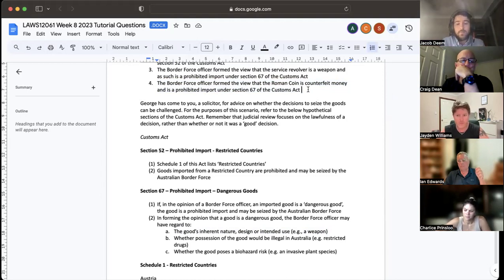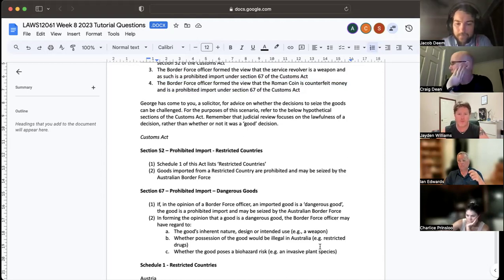They're given that power. Instead, we're looking at other grounds of review to say, I know you said that's a dangerous good, but you don't really have any evidence to back that up. So thinking about our week 6 no evidence ground of review, or looking ahead to next week, we'll look at relevant considerations and irrelevant considerations, saying, you saw that it was a coin, but did you actually look that it's very clearly not pretending to be Australian legal tender?